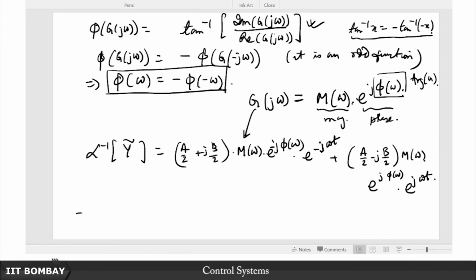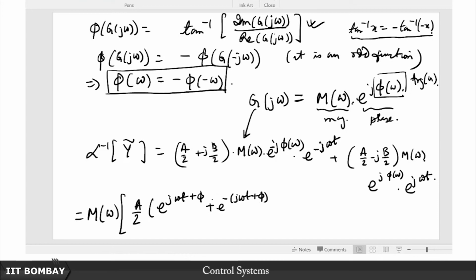And now I am going to simplify it in a certain way. So let me first take as many things as I can take common outside. The first common thing is m of omega, which is what I have called the gain due to the system at a frequency of omega, and then let me take the terms pertaining to this a by 2. So let me take this term related to a by 2, and what I have then is e to the j omega t plus phi plus e to the minus j omega t plus phi. Note that I am omitting this phi omega, it is understood that it is a function of omega.